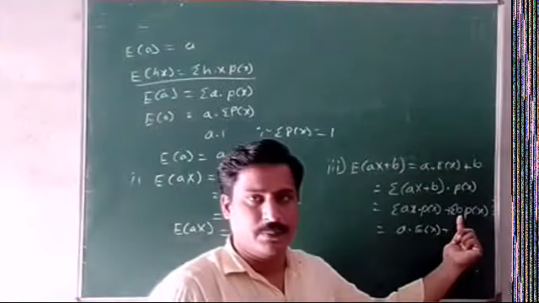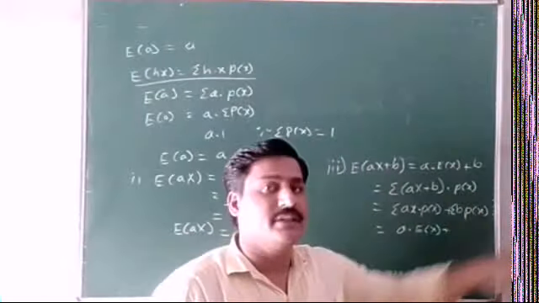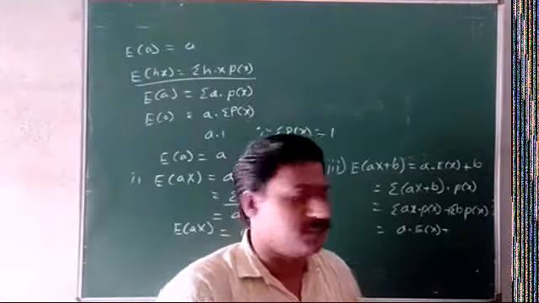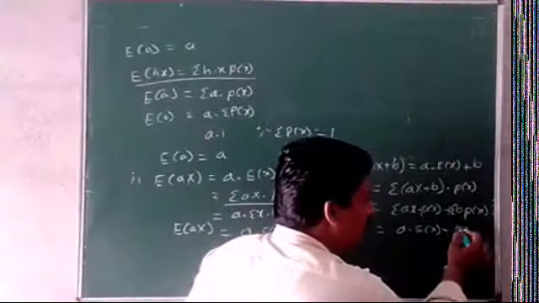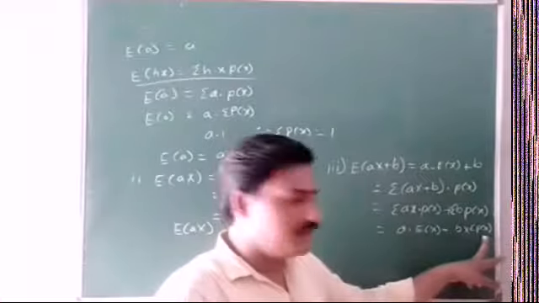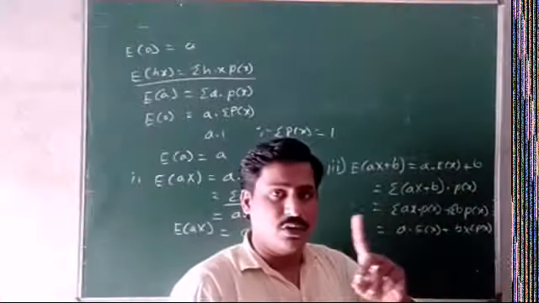Now here again B is a constant value. So multiplying B with P of X and taking the total, and multiplying B with the total of P of X, both are same. So I am taking B outside, then into summation P of X. B into summation P of X. So already we know that summation P of X is equal to 1.